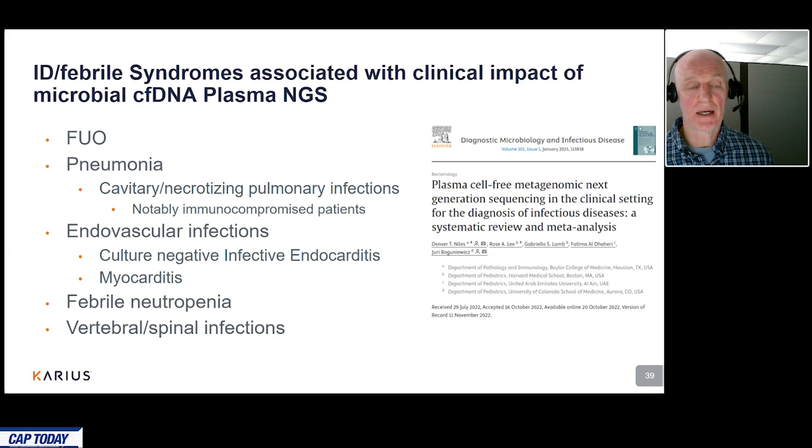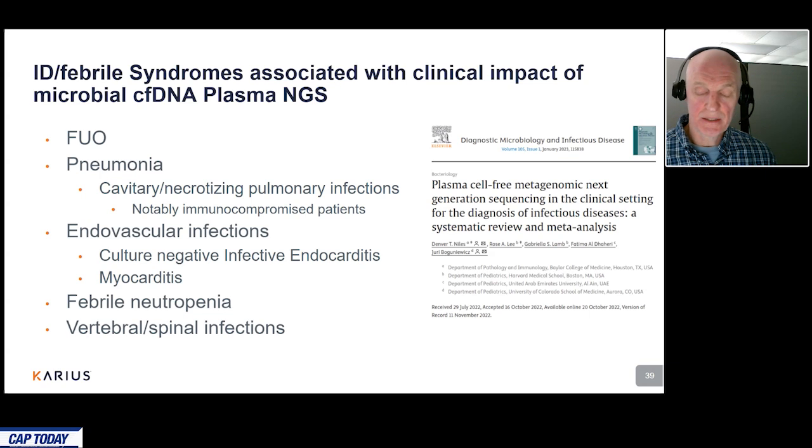So patients with febrile neutropenia, patients with pneumonia, particularly necrotizing or cavitary pneumonias in oncology patients, solid organ transplant patients. This rapid recognition of fungal infections that often would require weeks to cultivate on SAB high or PDA agars in the lab is a sea change.